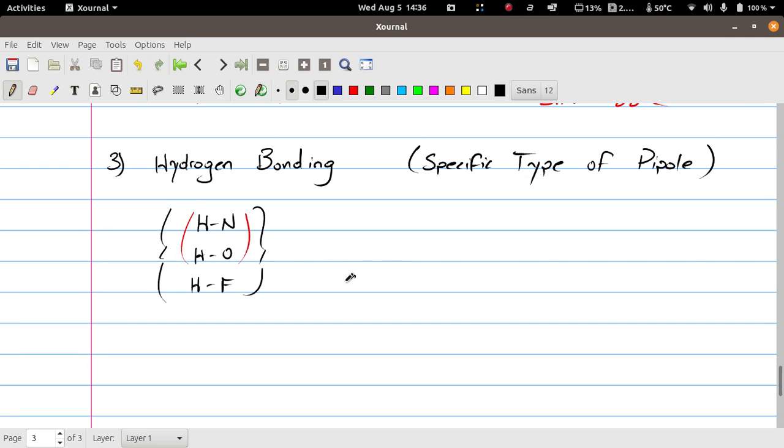So let's say we had some ethanol, right? And then over here, we also have some ethanol. And this is a horrible drawing of this, but it's just to show you what hydrogen bonding does.